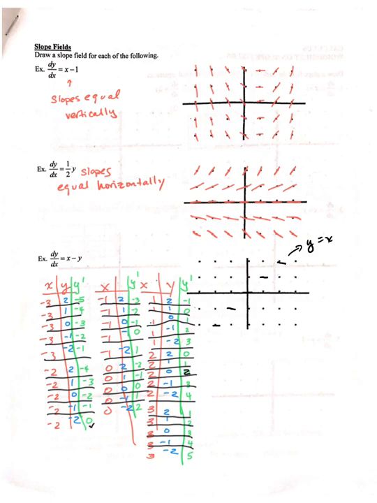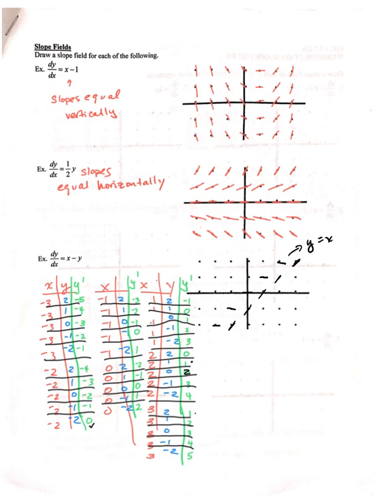Okay, so now I'm going to do the slopes of +1. Okay, so I have 3, 2. Okay, I have 2, 1. Okay, you could see the pattern here. Once you start to see the pattern, it becomes easy.